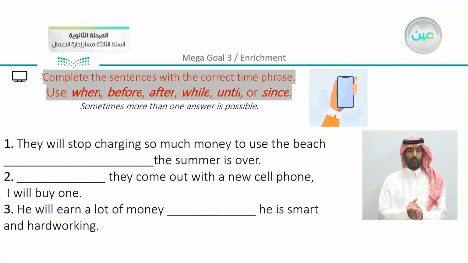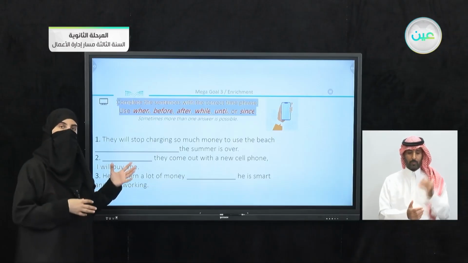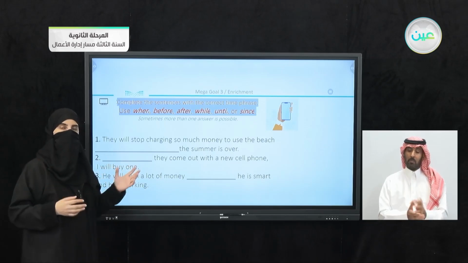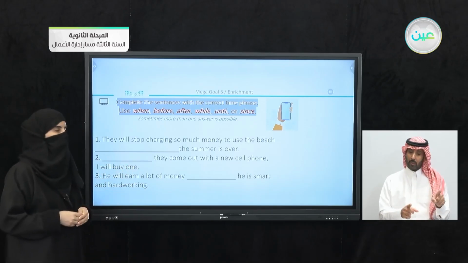Now in this part, we are going to use the correct time phrase or the time expression as we mentioned. Now we have here when, before, after, while, until, or since. So sometimes more than one answer is possible. You can either choose one answer, and if you chose something that is different, I'm going to show you that we can use up to 3 answers at the same time in some sentences.